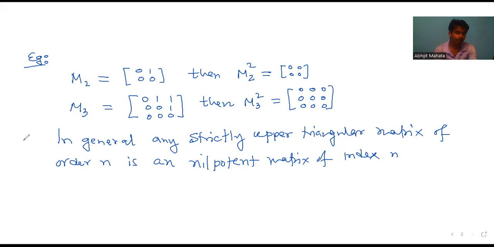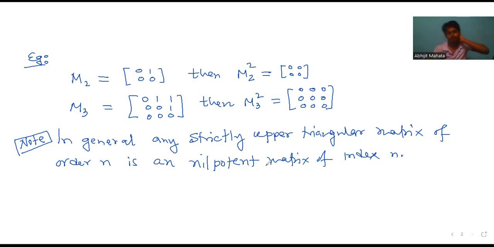So you can take this as a note. Of course, this tells us that we have a nilpotent matrix of index n for every n greater than or equal to 1.